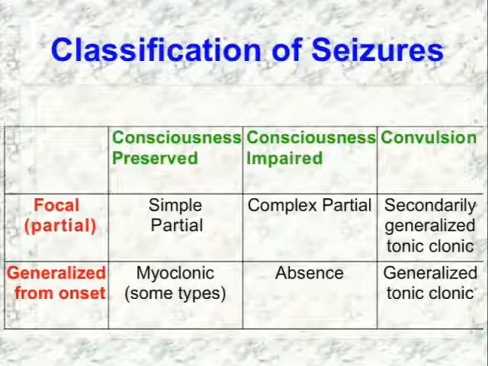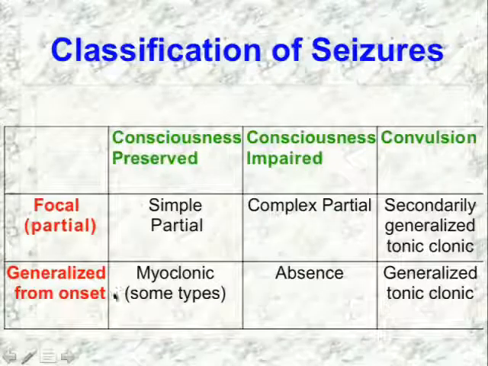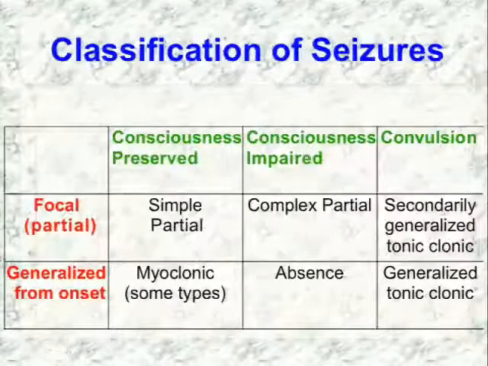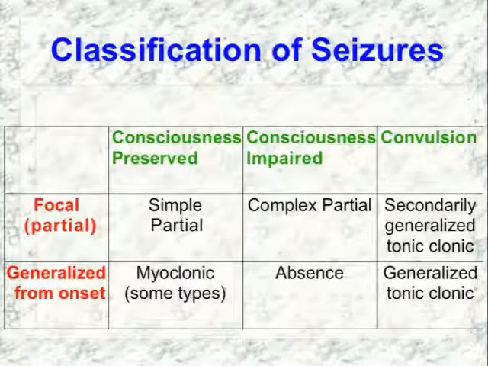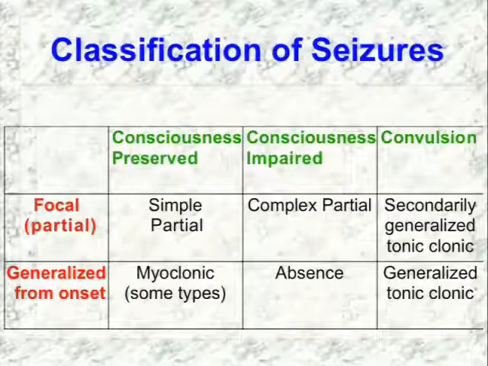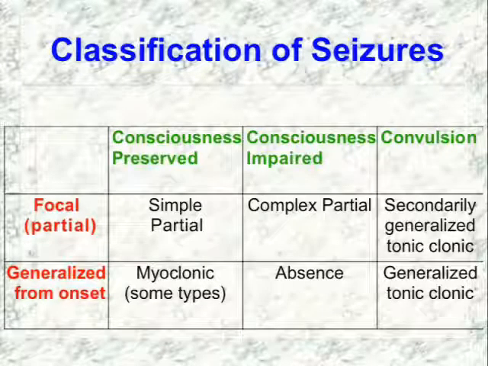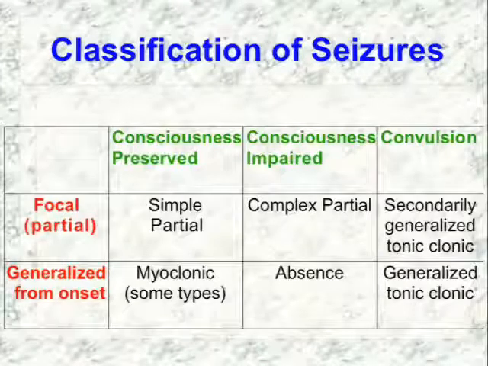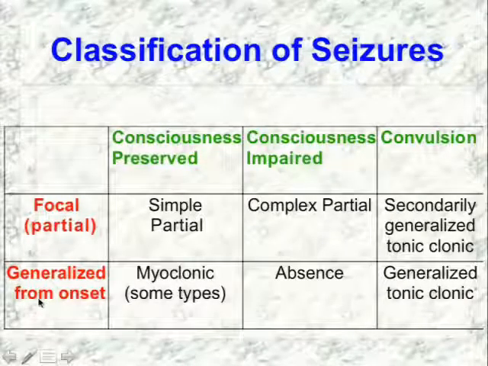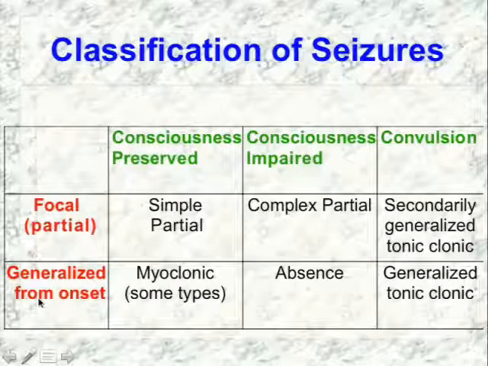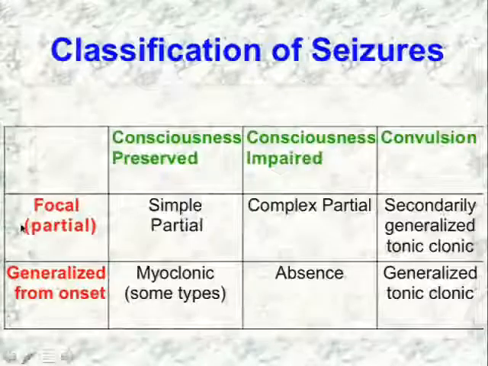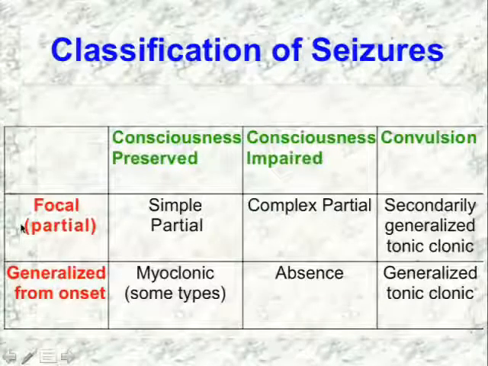And the reason why this distinction is so important is, first of all, the workup, because the majority of patients with focal seizures are felt to be acquired. Not all of them, but the majority of them are at least assumed to be acquired and not genetic, although there may be genetic predispositions that we don't fully understand. Generalized from onset seizures, at least in adults, are presumed to be genetic in etiology. So you can understand that neuroimaging is far more important for people with focal seizures.